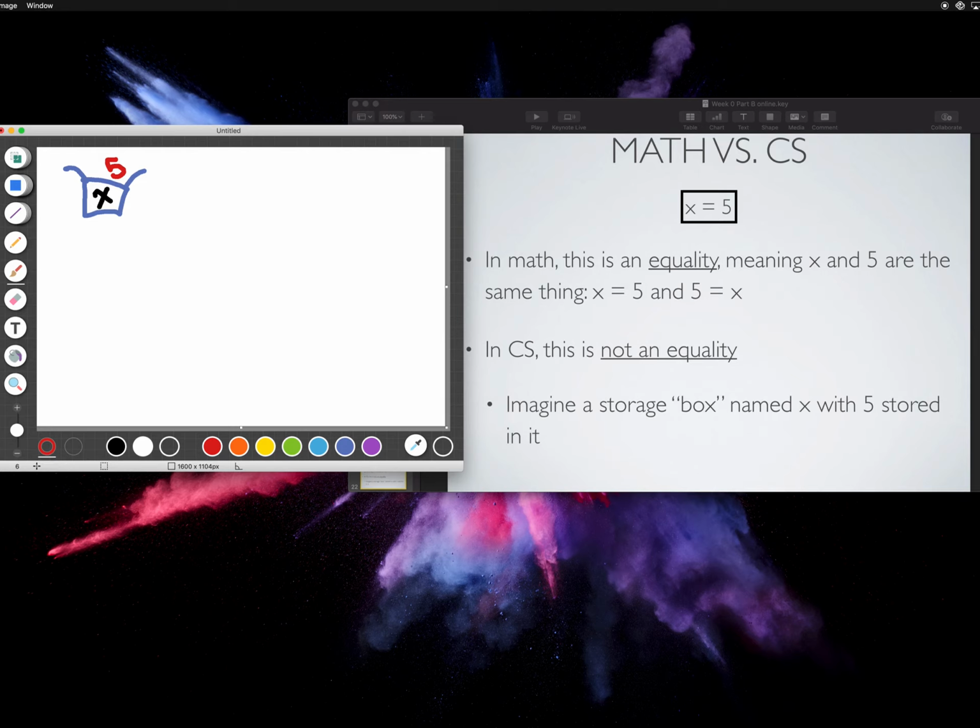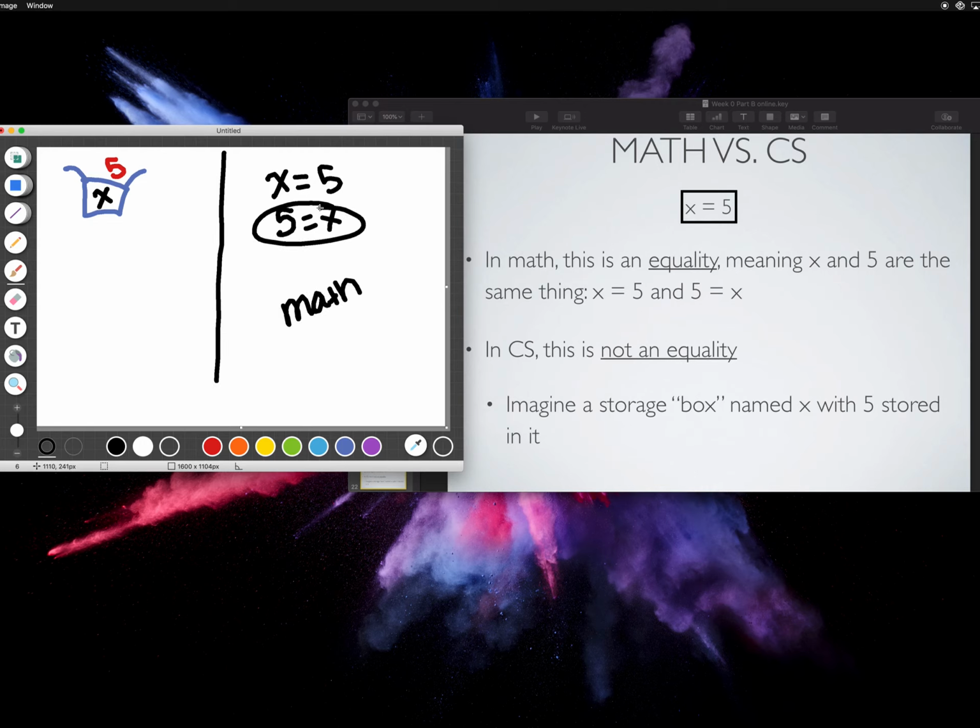Variables are storage locations, they're not equalities, right? Versus in math, if I wrote something like this, x equals 5, that also means 5 equals x. This is only in math though. This is not necessarily the case in computer science. So do keep that in mind.